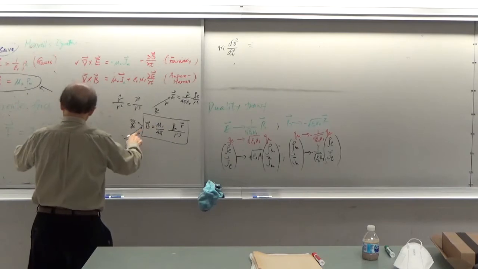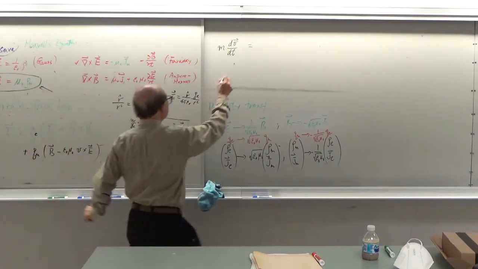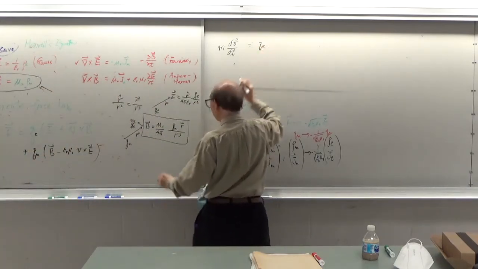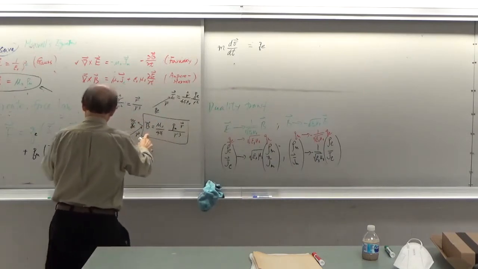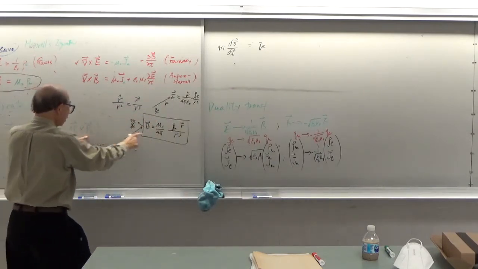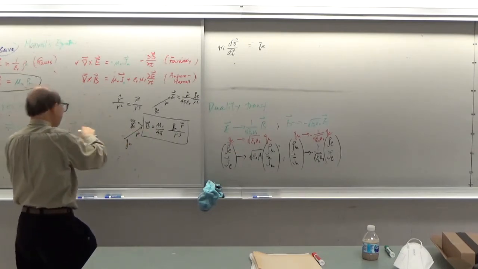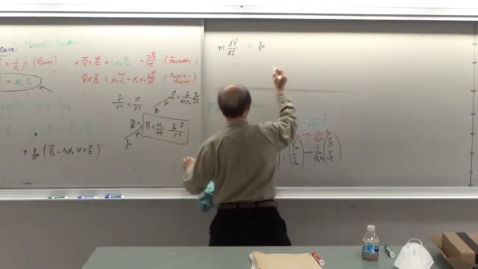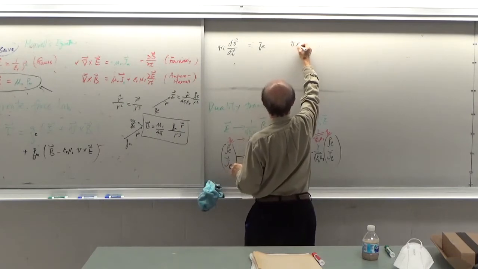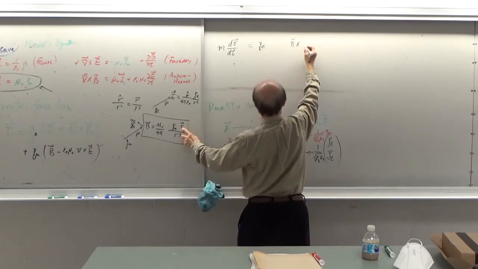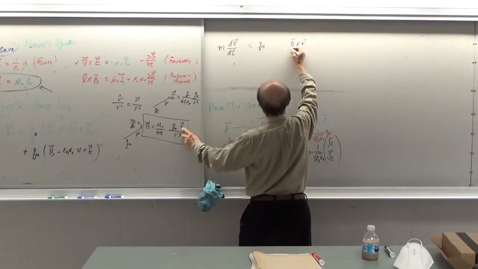This particle has charge q_e. Now it is acted on by the magnetic field B, given by this. So q_e v cross that, r over r cubed.